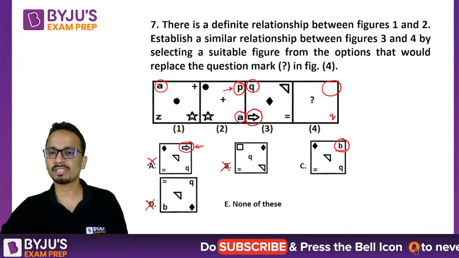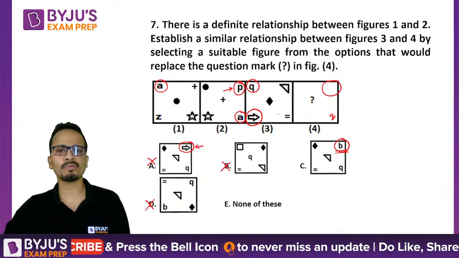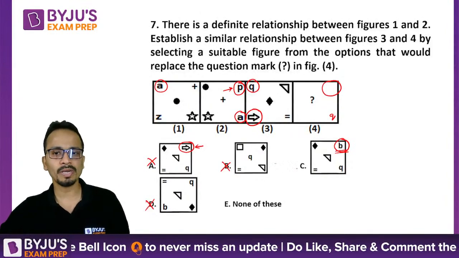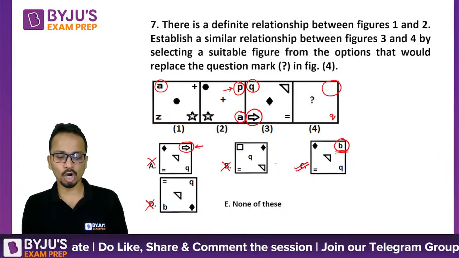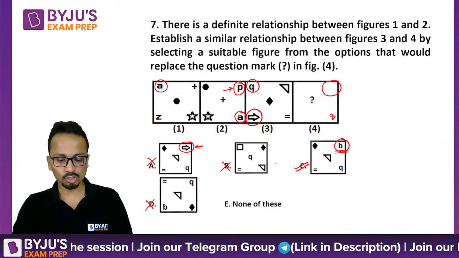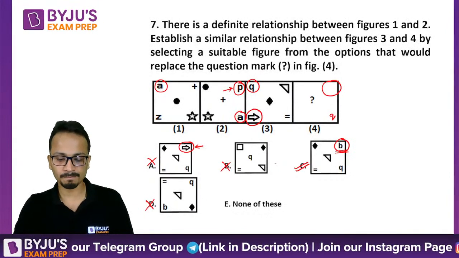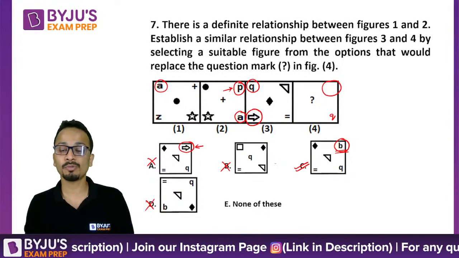So this symbol B, was it present in figure number 3? No, it was not present. It was a new symbol. So it is satisfying the criteria we are looking for. So the correct answer will be option C and not option A. Those who selected option A, I hope they have understood the reason behind selecting option C.